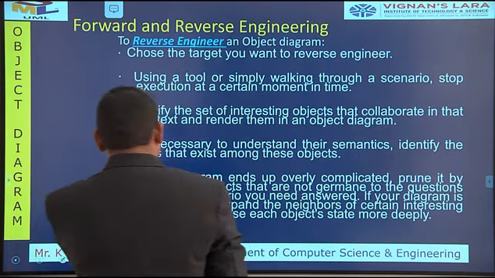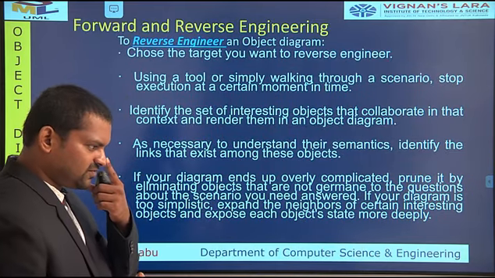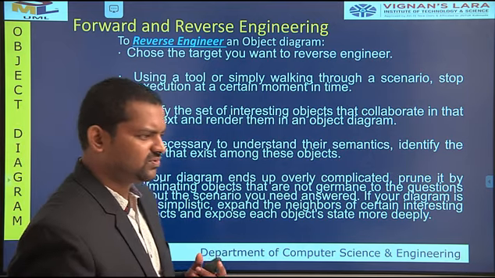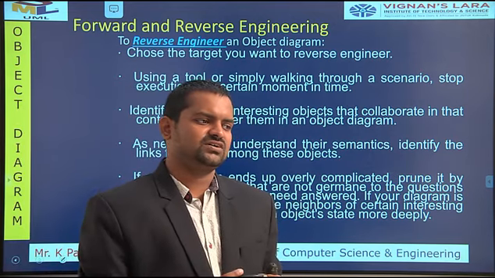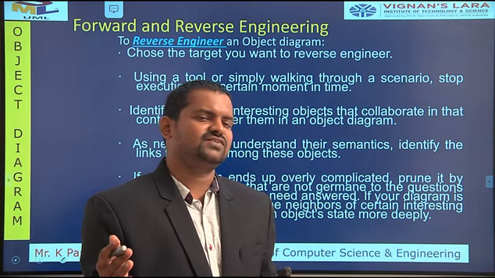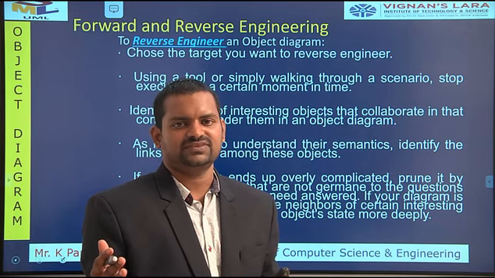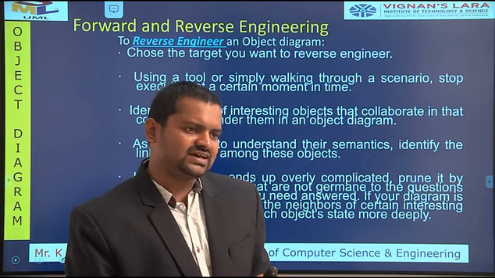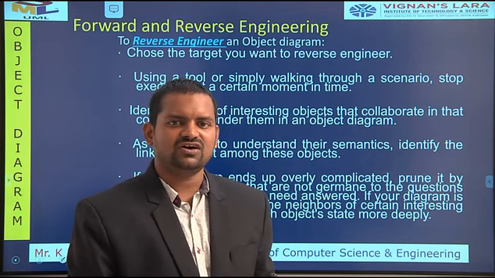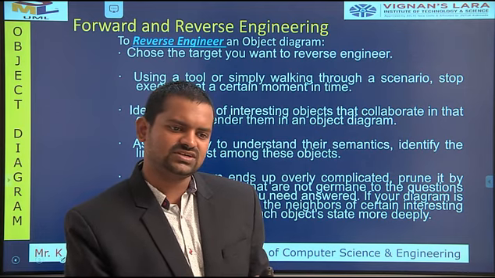Okay. So forward engineering and reverse engineering. Forward engineering, as you know, first of all, with the help of some objects, we have to target what kind of language we have to develop. So the identification of the objects and the forward engineering will follow.